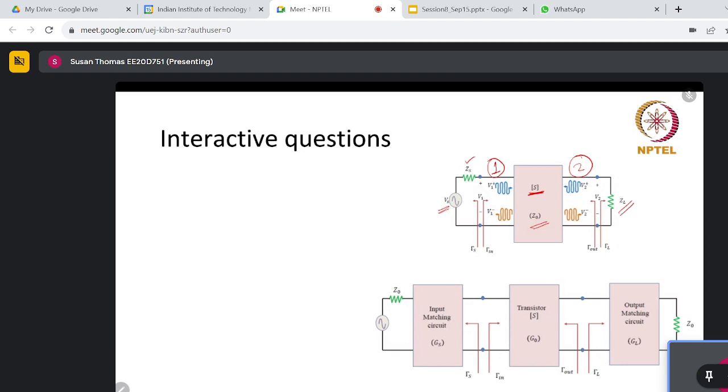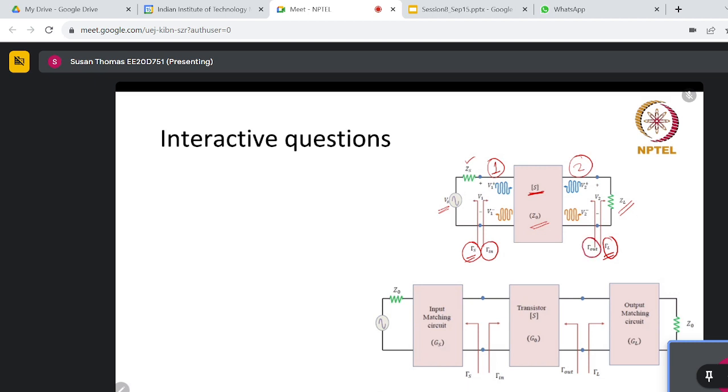The incoming voltage to port 1 is V1 plus and the outgoing voltage at port 1 is V1 minus. Similarly in port 2 also. The important thing to understand is gamma S and gamma L, your reflection coefficients: the source reflection coefficient and the load reflection coefficient. And this is gamma in and gamma out.